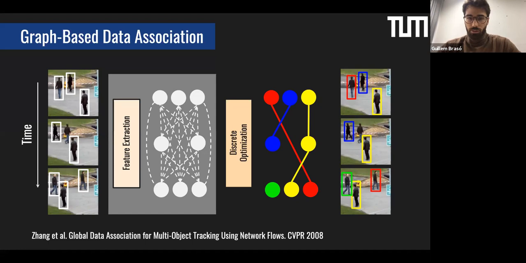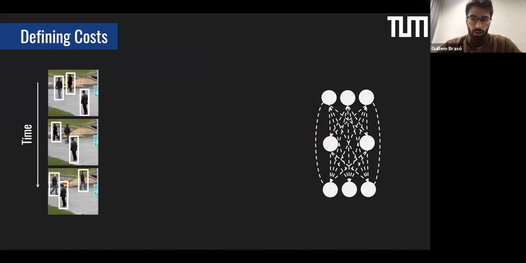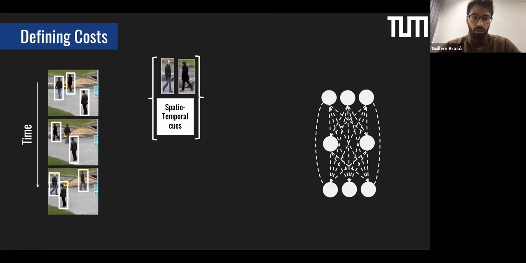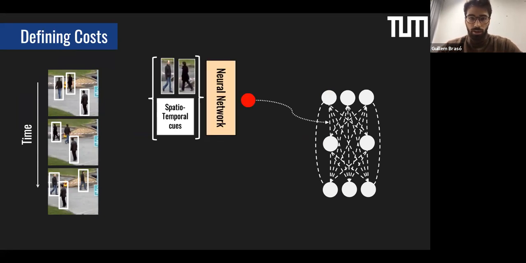Regarding the first part, feature extraction and the definition of these costs for every edge, the typical way to approach this is to consider every different pair of object detections in the graph, and also consider some spatiotemporal features like how far they are in time and what their distance is in space, and feed this to a neural network.